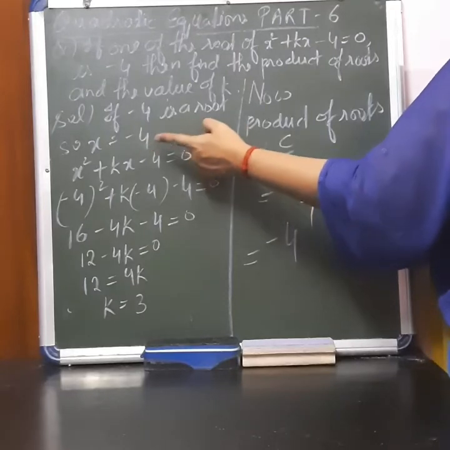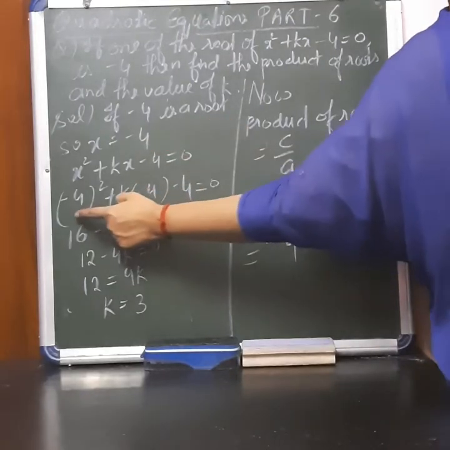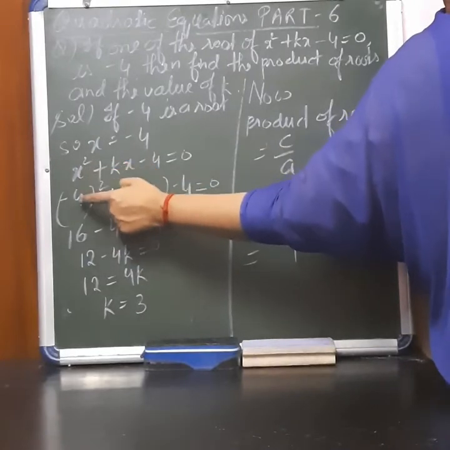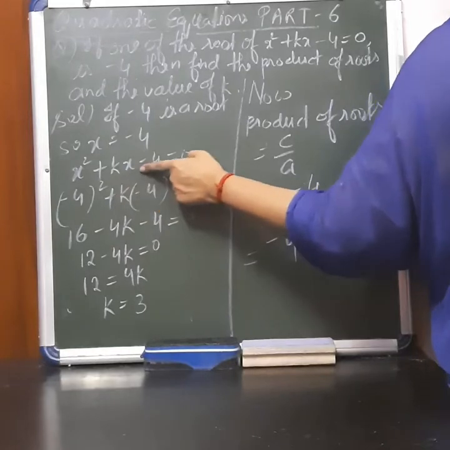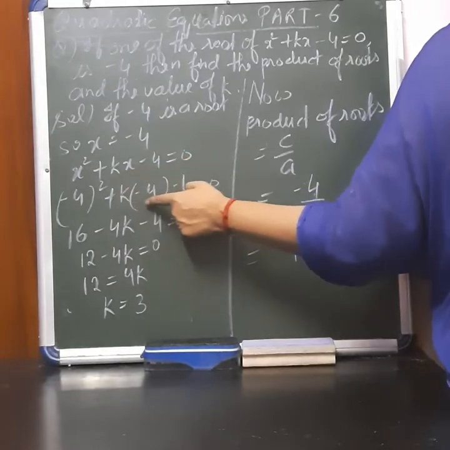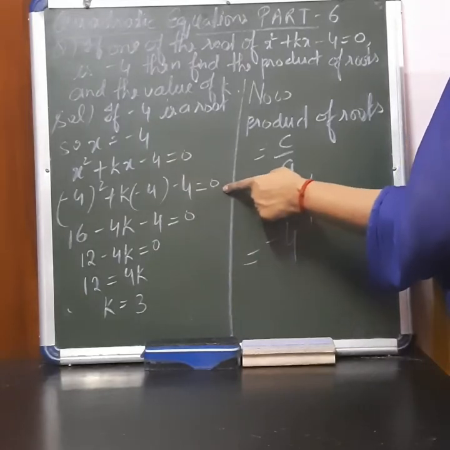So here you will put minus 4 whole square plus k multiplied by minus 4, and minus 4 in the equation is equal to 0.